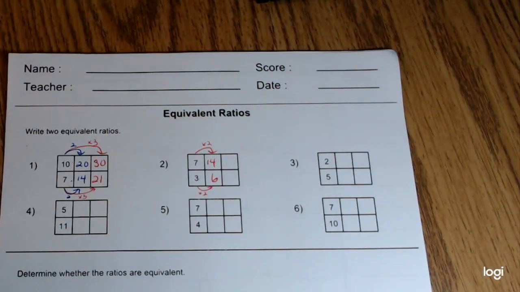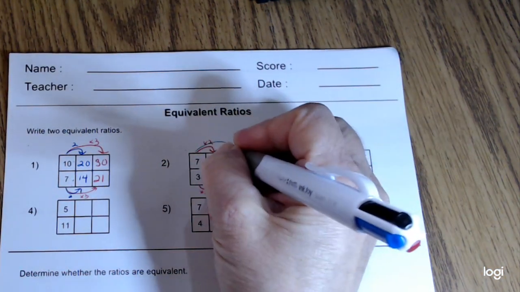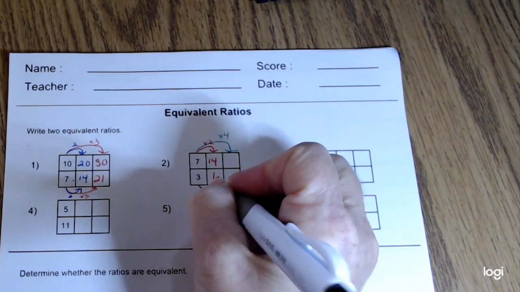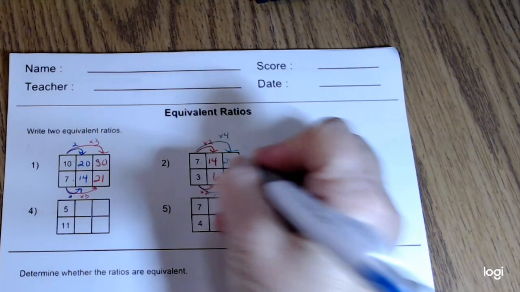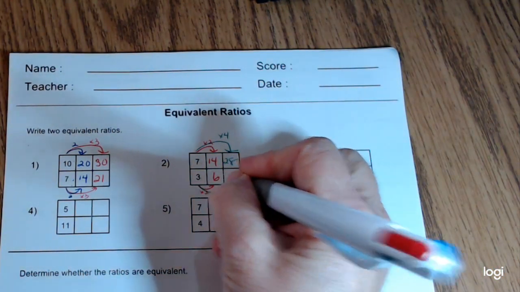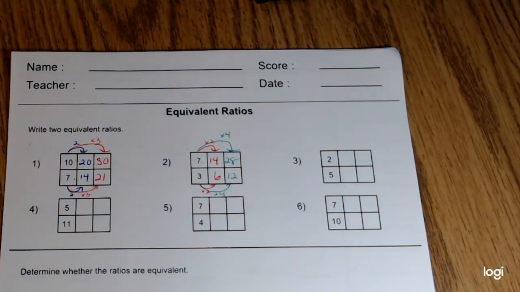If I wanted to make a new one, I could pick a different number to multiply by, and let's do 4 this time. So 7 times 4 is 28, and 3 times 4 is 12. So once again, I have 3 equivalent ratios.